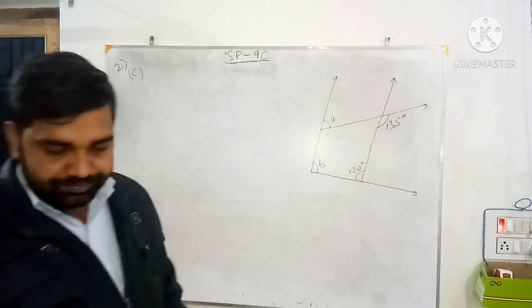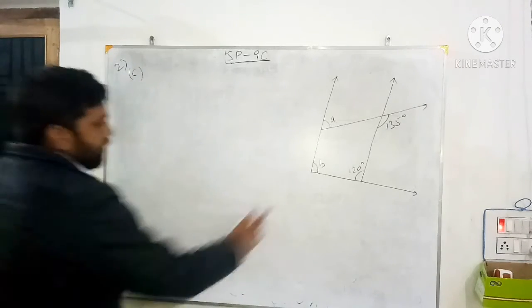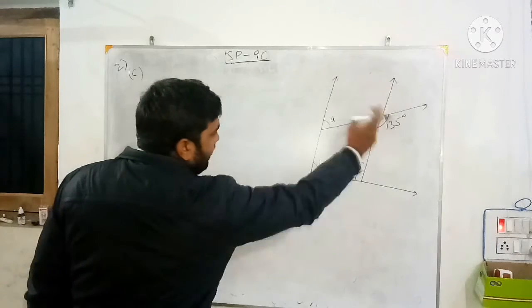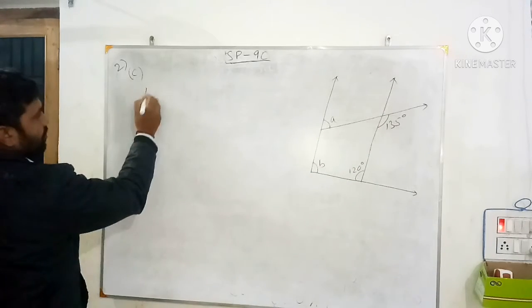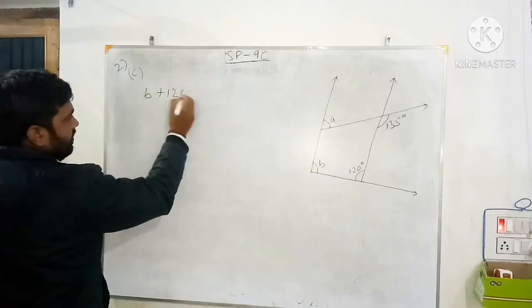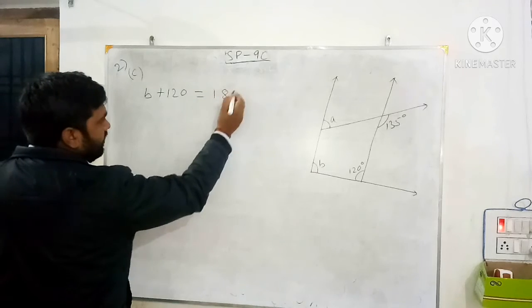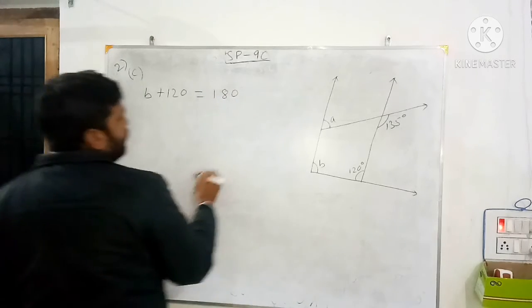Now see, this B and 120, these two lines are parallel, this is a transversal, so B plus 120 equals 180 degrees. Reason? Co-interior pair.